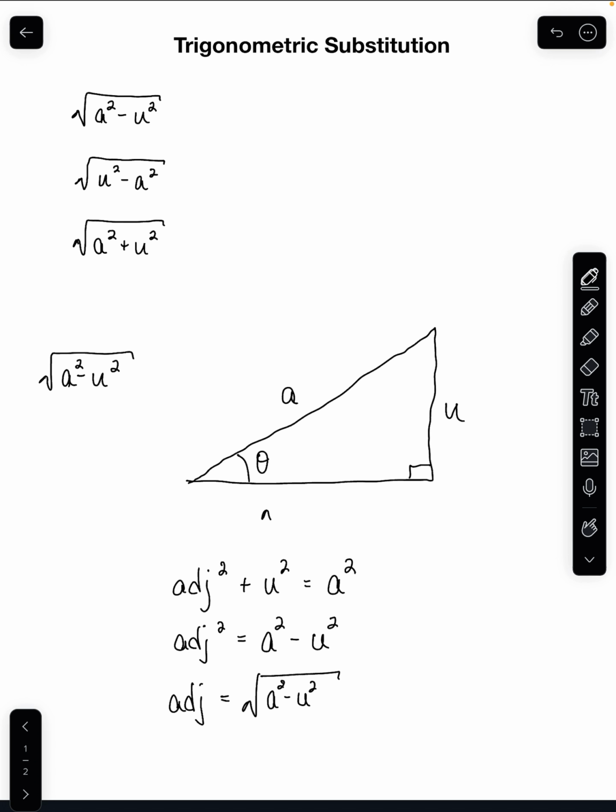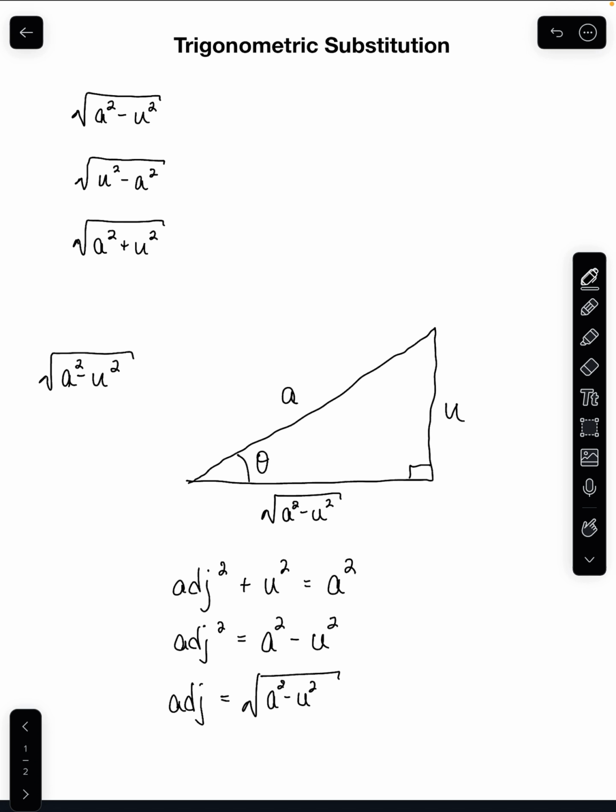And that would be the length of the adjacent side. This will allow us to rewrite the expression, the square root of a squared minus u squared, in terms of the measure of angle theta.